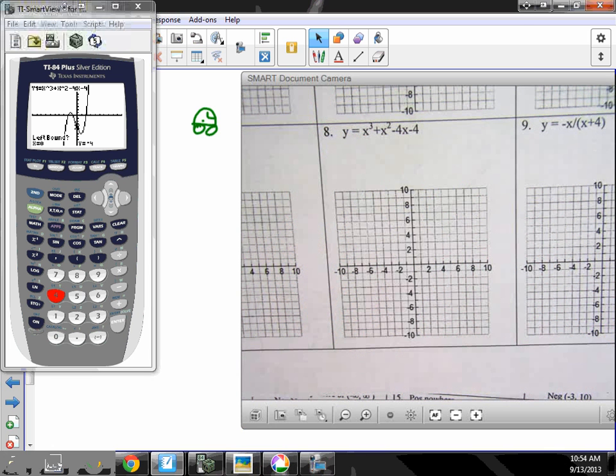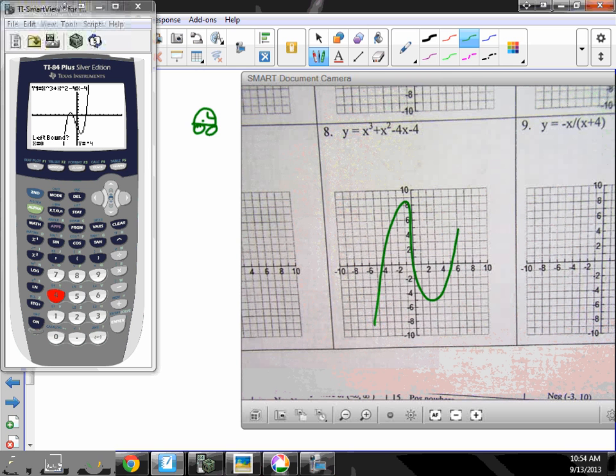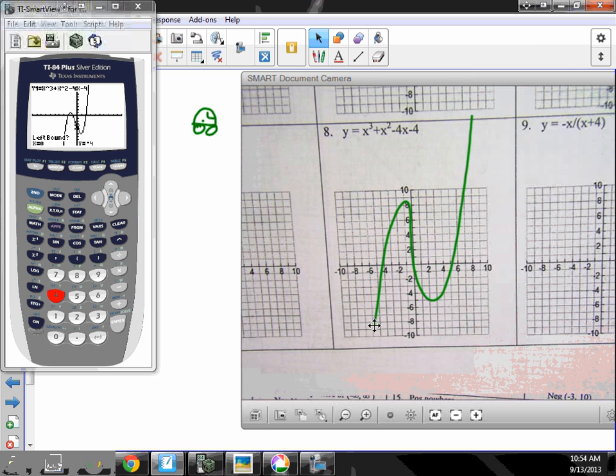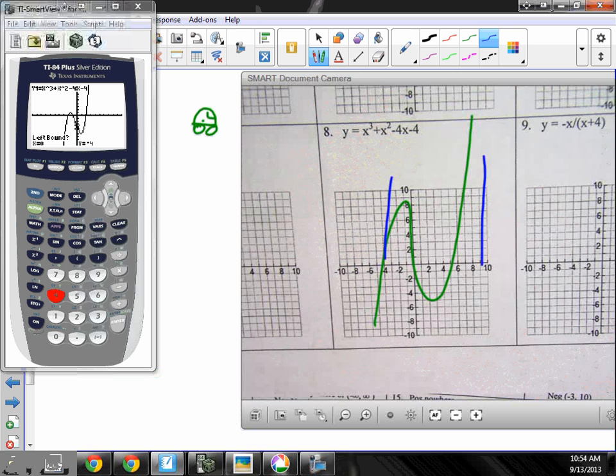One thing we have to be careful with is when we set our left bound and right bound, make sure that you don't include some point up here. I want to make sure that my bounds are short enough that they don't include this other maximum on the other side.